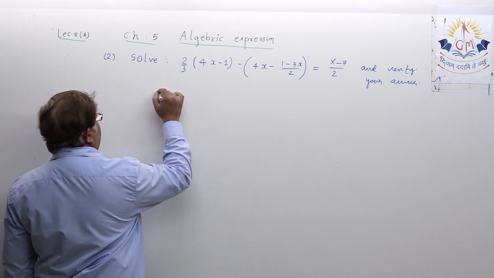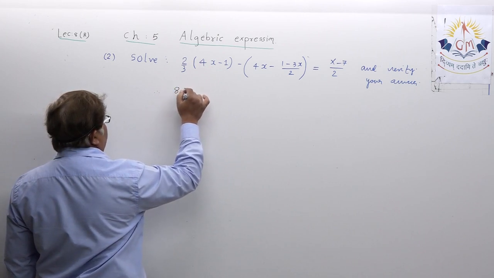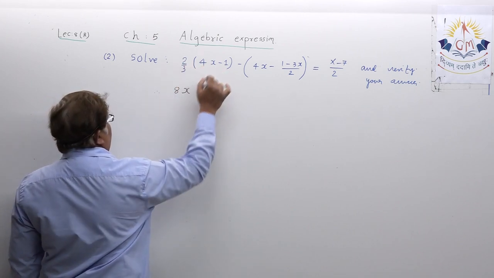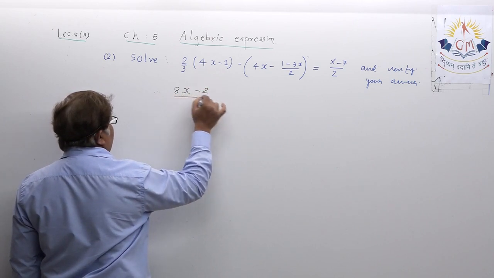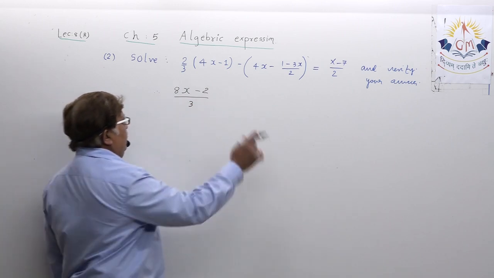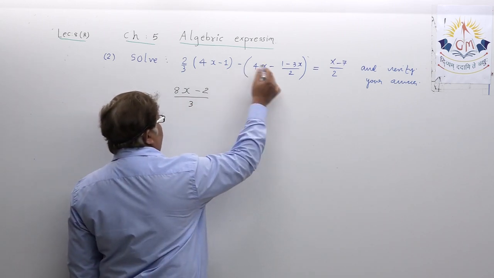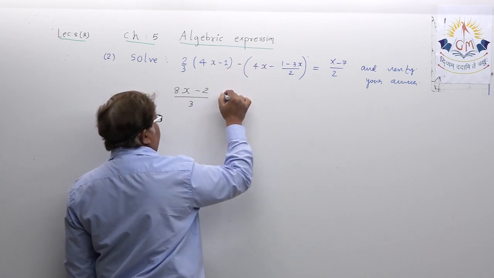Let me write 2 4s are 8x, 2 1s are 2 upon 3, okay? Now, dear student, here let us open the bracket.